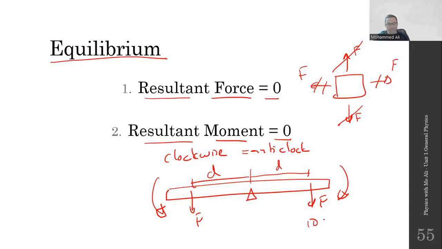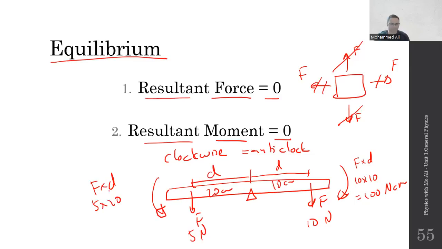If this is 10 newtons, for example, and 10 centimeters, and this is 5 newtons and 20 centimeters, obviously this diagram isn't to scale, you calculate their individual moments. So force times distance. 10 times 10 gives you 100 Newton centimeters. The anti-clockwise moment is 5 times 20, force times distance, which is also 100 Newton centimeters, but it's anti-clockwise.